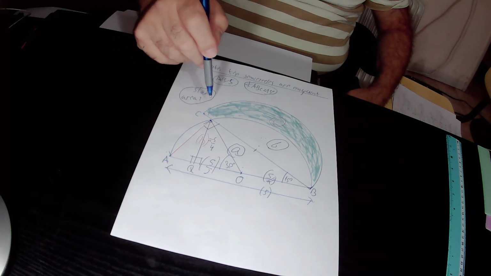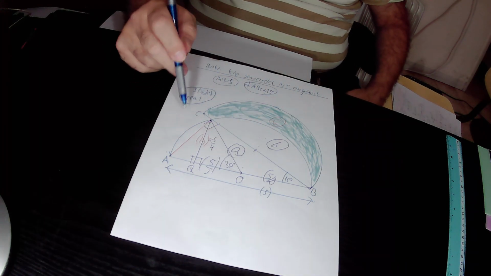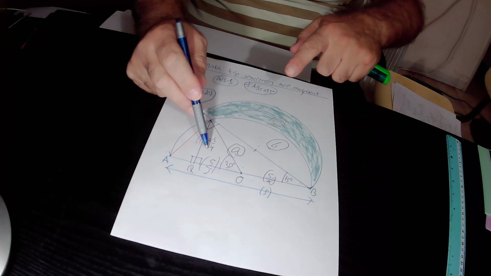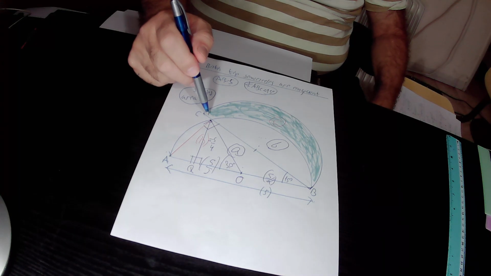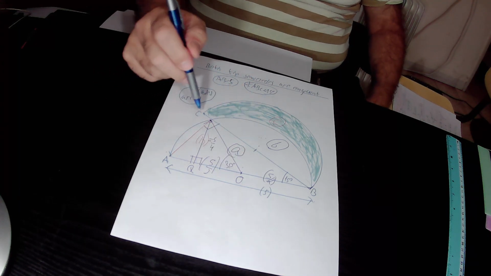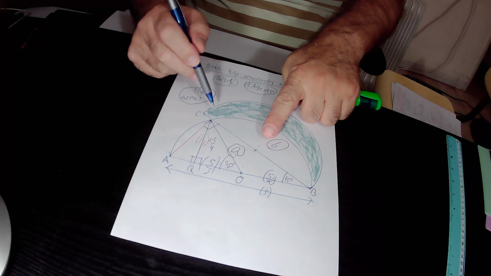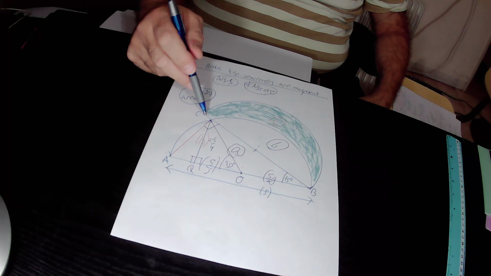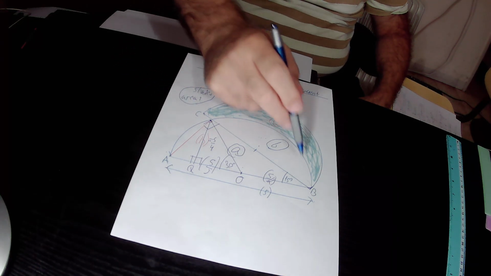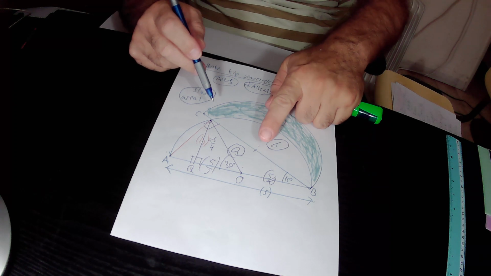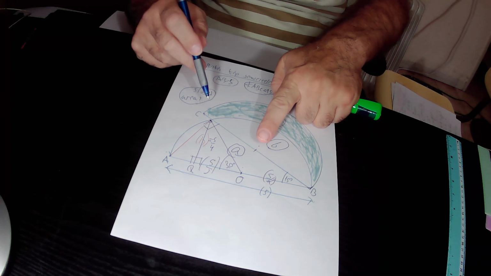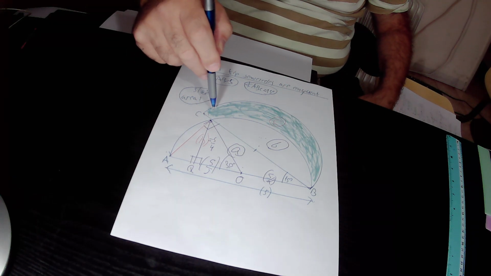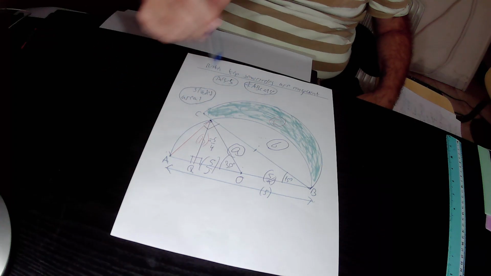This shape CBA is equal to A squared in size and consists of those two shapes. It consists of this sector COA plus this triangle COB. It is very clear that in total the area of this shape ACB will be equal to the area of the first shape it consists of, the area of this triangle COB, plus the area of the second shape, the area of this sector COA.